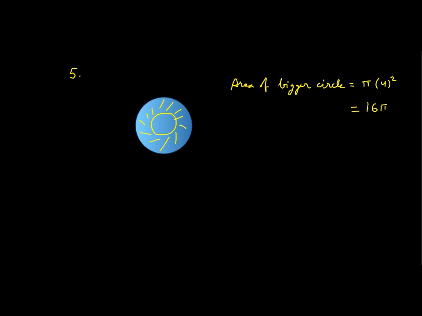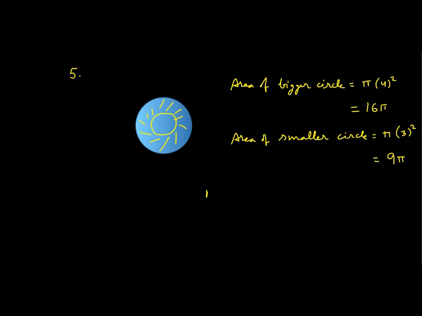Then area of the smaller circle, that is the circle which is to be removed from it, is pi into 3 square, since the radius of the smaller circle is given as 3, which comes out to be 9 into pi.